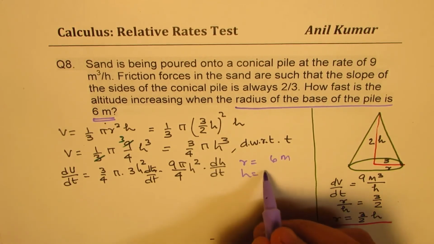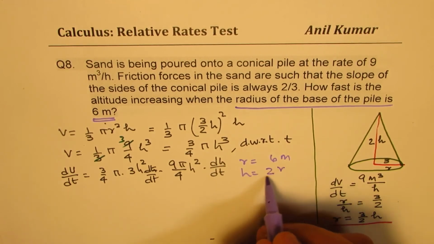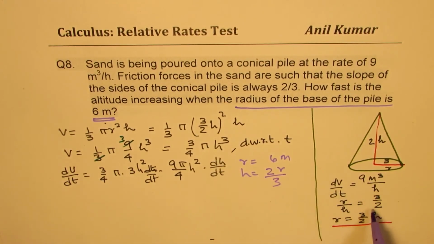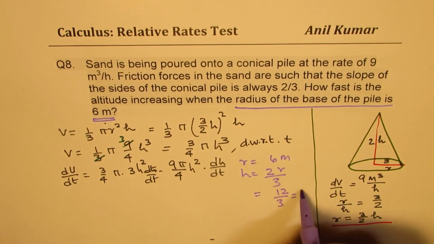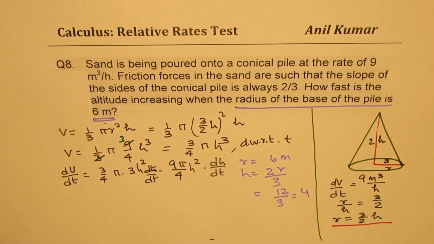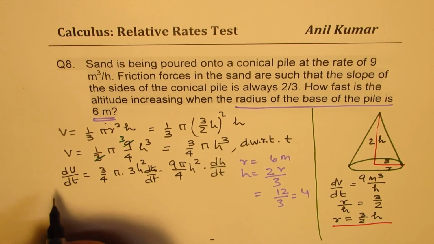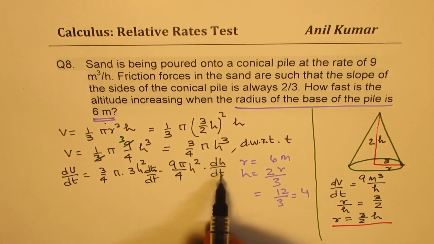So height will be equal to 2r over 3, so which is 12/3, right? Which is 4. Now that is the ratio of 2:3, correct? So height is 4.